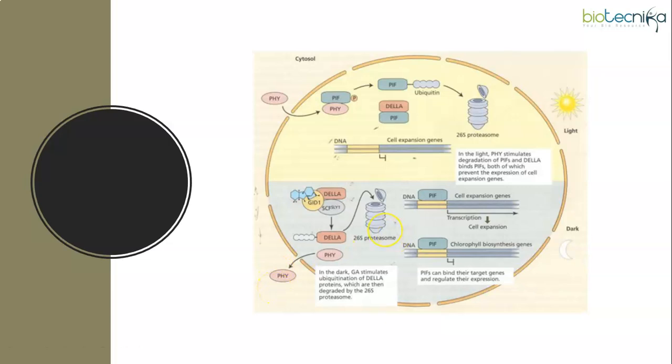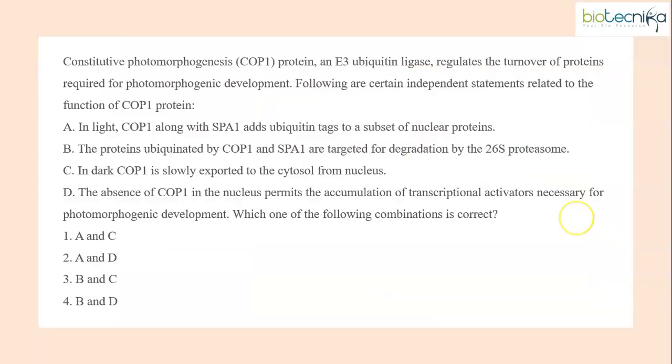Depending upon the requirement of the plant, it can either undergo gene transcription of cell expansion genes, or it can block the chlorophyll synthesizing genes. That depends upon the requirement of the plant. So that occurs in the dark condition. This is yet another diagram to explain the details regarding light and dark condition.